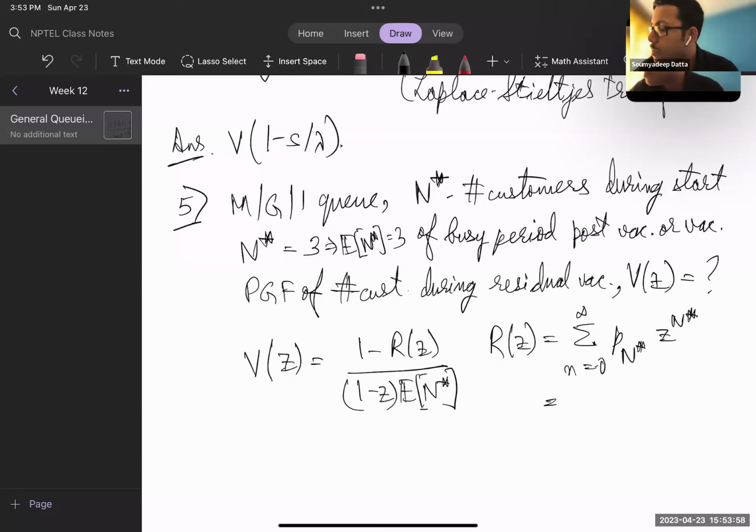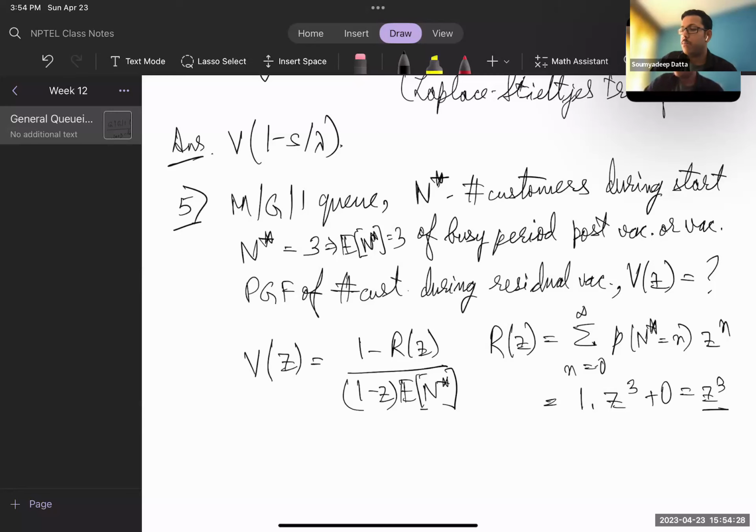So n star is a deterministic value. So the only probability, P(n star equal to 3), is 1. For all other values, it is 0. So then we can pick out that value, right? So this will basically be 1 times Z to the power 3 plus 0. So this is Z cube.